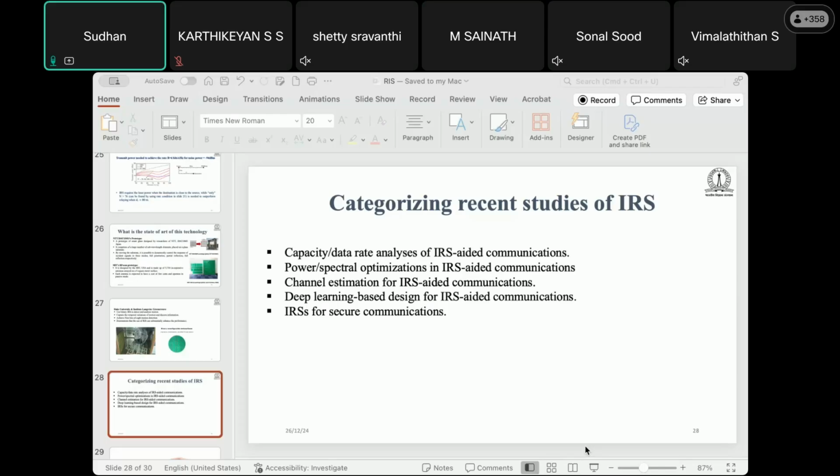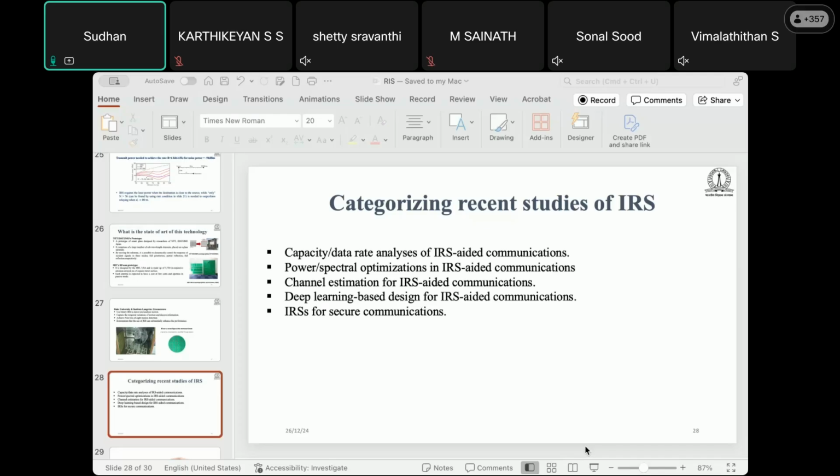So, security concern, if we look at IRS as a physical medium, I think it has better security capability, because in the air it can stop the signal to the eavesdropper by changing the phase.